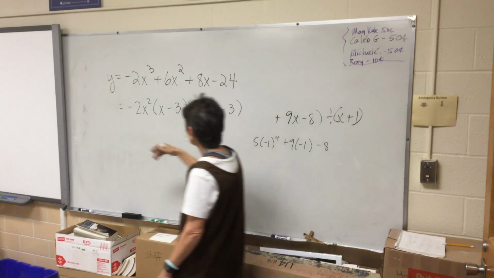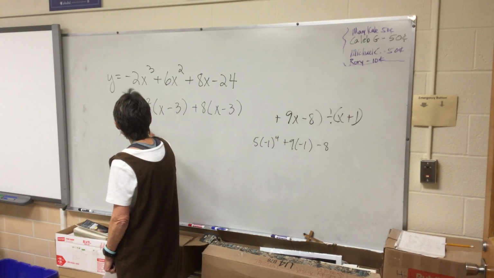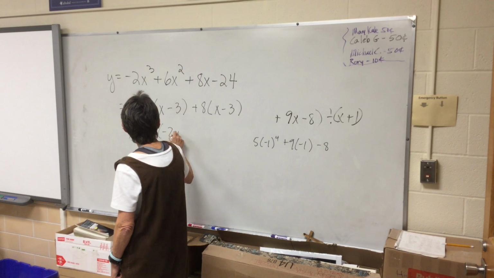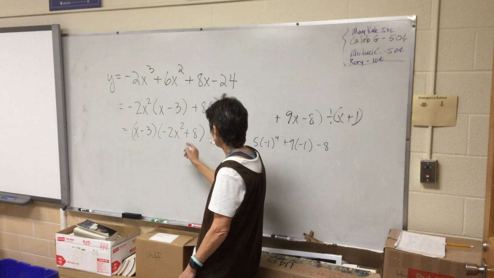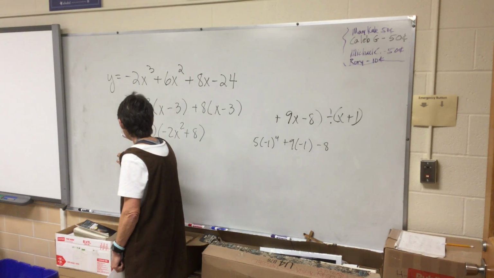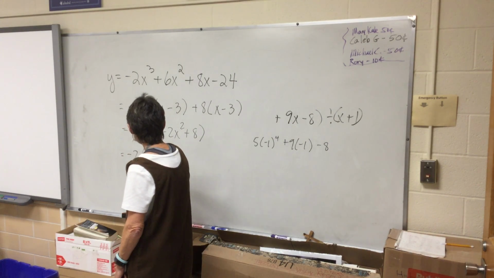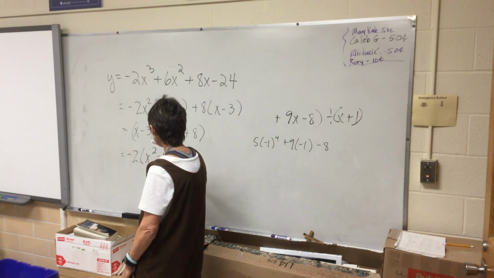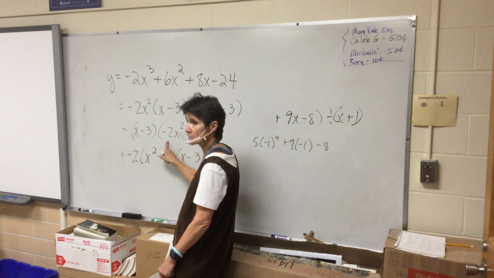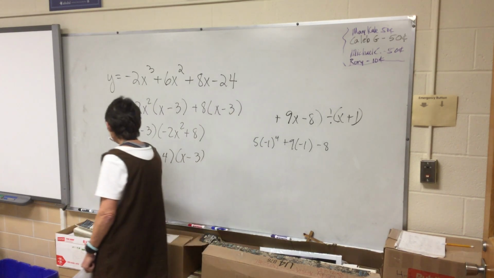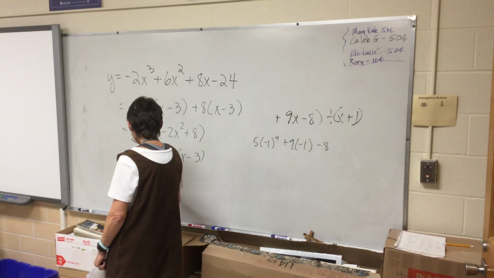So things are looking good. So we have x minus 3, and then -2x squared plus 8. Now, you can pull a -2 out of that, and it leaves you with x squared minus 4. Right here, I just factored this part first. And that is the difference of squares.